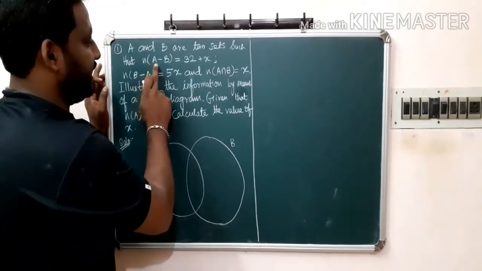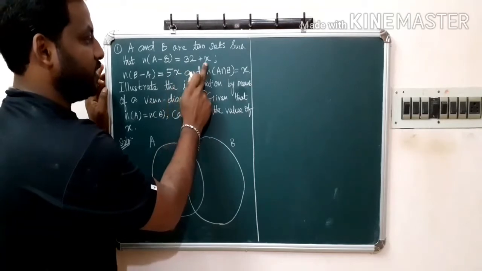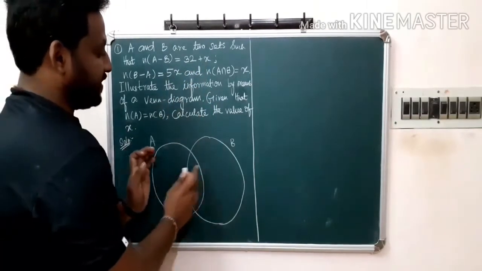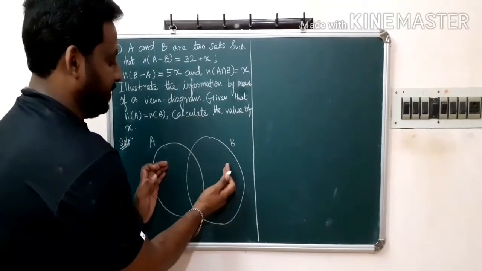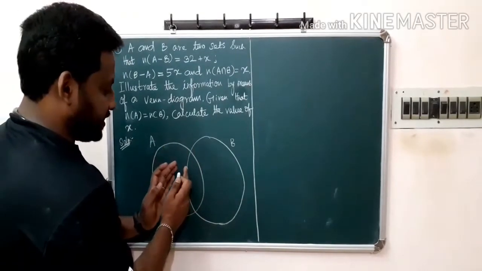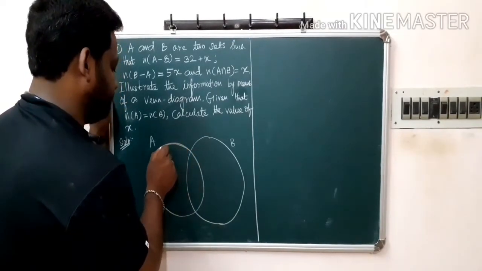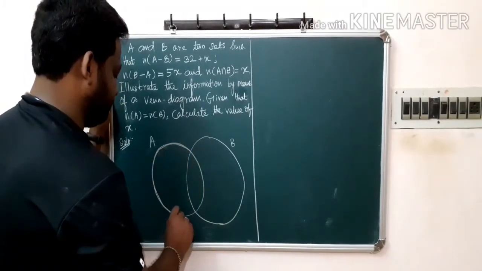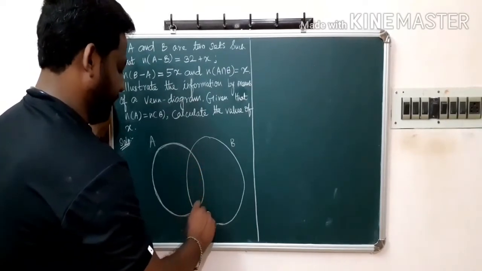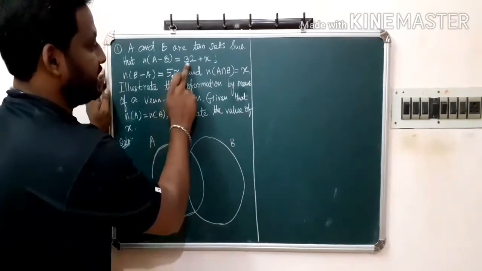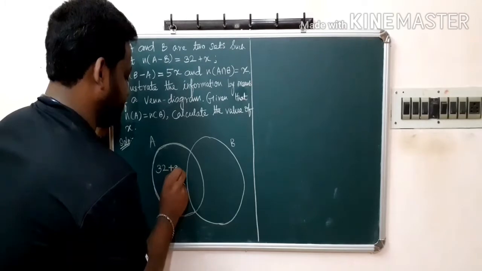Here N of A difference B, the number of elements in A difference B, is equal to 32 plus x. A difference B means we have to differentiate the set A comparing with the set B. That means the intersection part should be removed. This part only is taken as A difference B, which is 32 plus x.